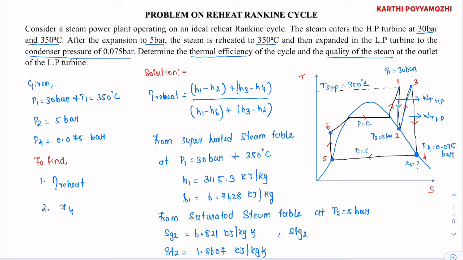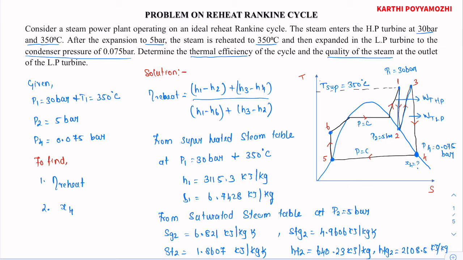Sfg2 is equal to 4.9606 kilojoule per kg Kelvin, and Hf2 is equal to 640.23 kilojoule per kg, and the value of Hfg2 is equal to 2108.5 kilojoule per kg.